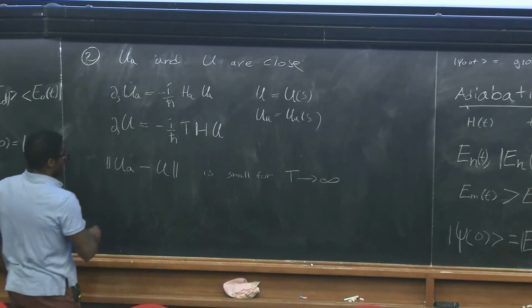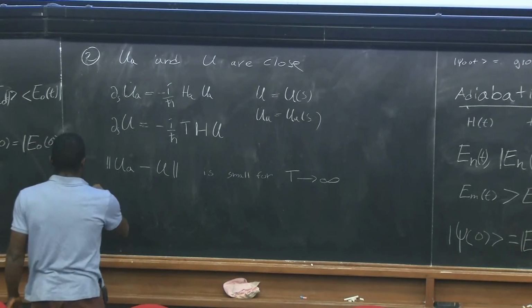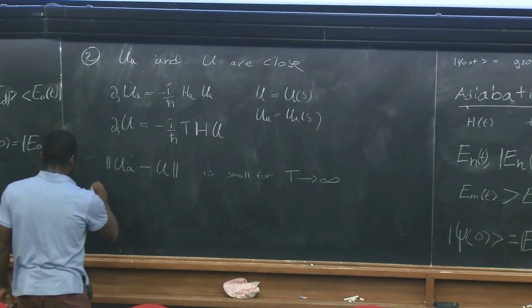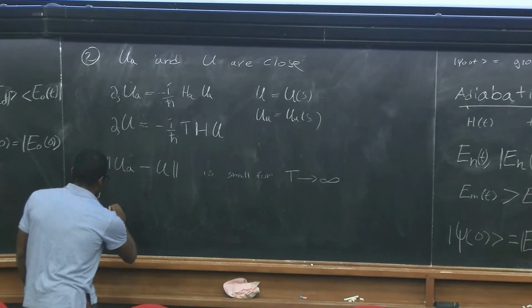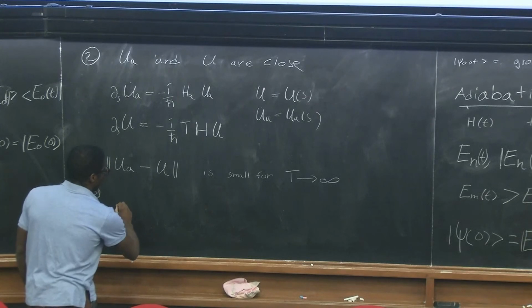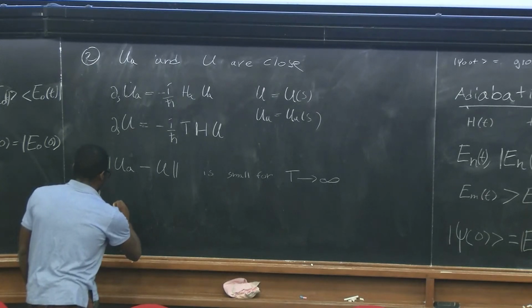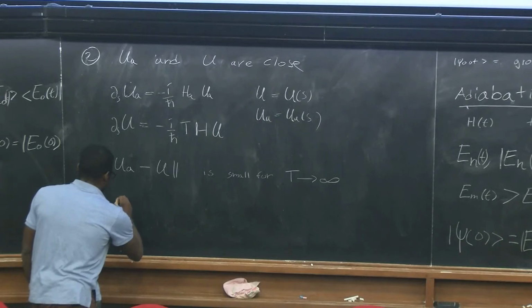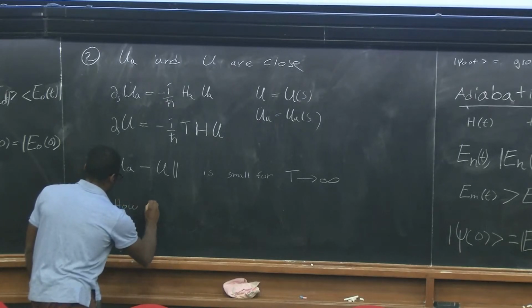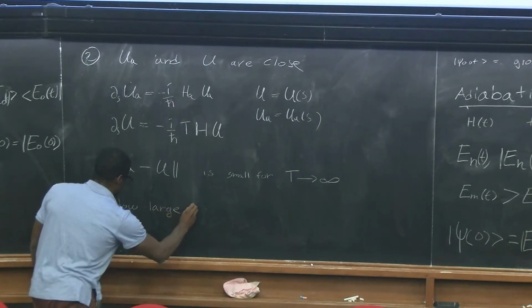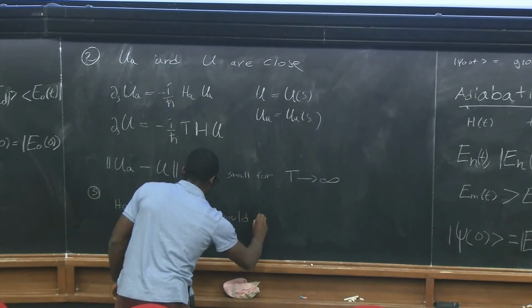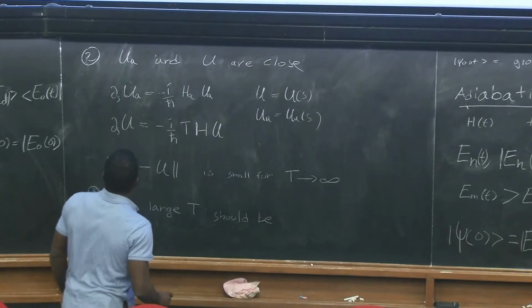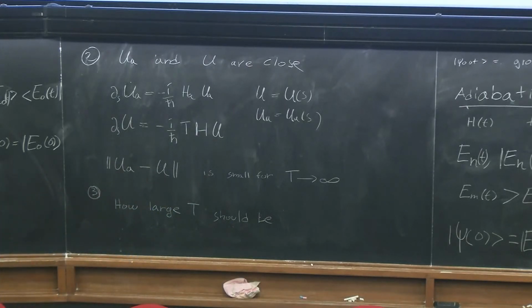And finally, the third step is going to be to put some conditions, to say how large T should be. Okay, so these are the steps that lead to the proof.